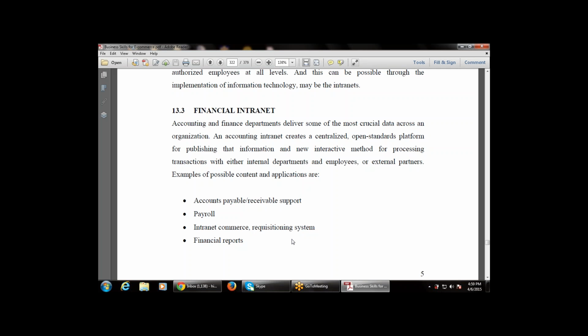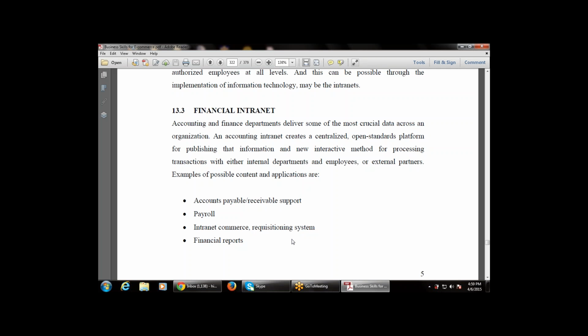It creates a centralized, single-place accessible, open standard platform, usable on any platform, for publishing information, and a new interactive method for processing transactions with either internal departments and employees, or external partners.